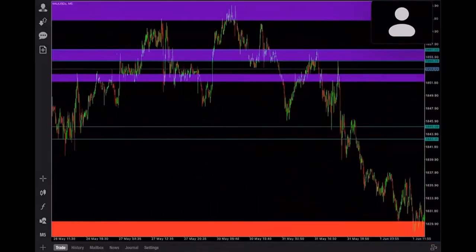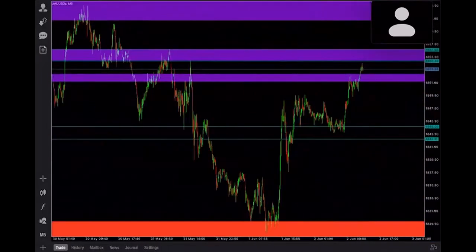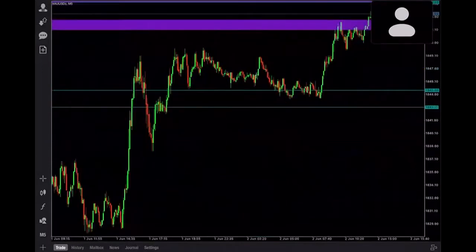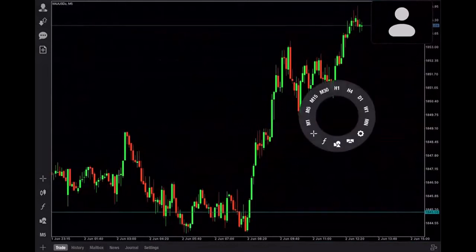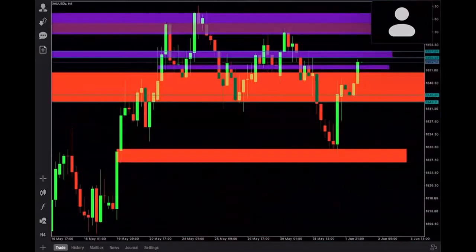So let's see. This is M5. So I'm going to see, let me just see M30 first. So I'm done with my zones, right? We labeled our zones.